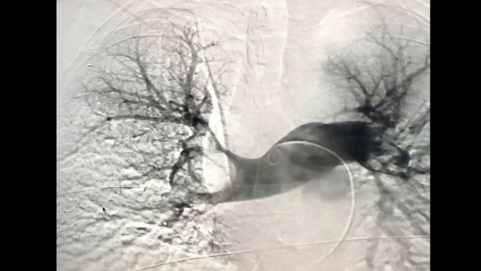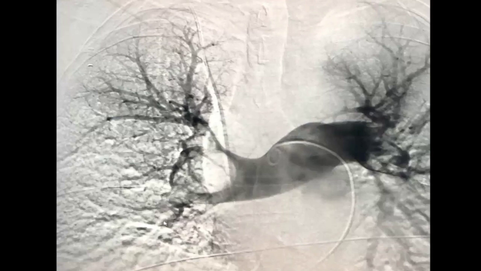Now I've told you it's a pulmonary artery thrombus. Anything else? Let's just say the left lung was normal. I'm sorry, I don't have the full view of the left pulmonary vasculature, but if you compare the branching vessels of the left compared to the right, what else can you tell me about this? On the right, the lower lobar branching pattern is a bit reduced as compared to the left.